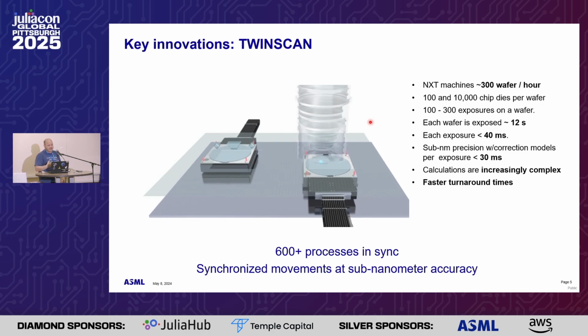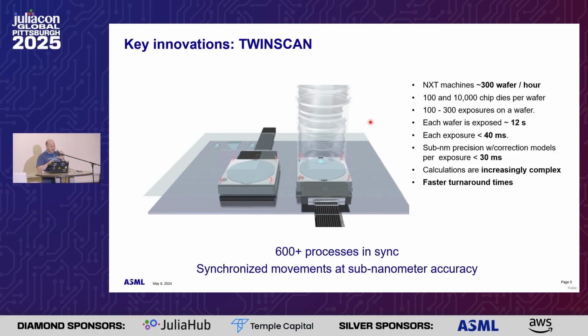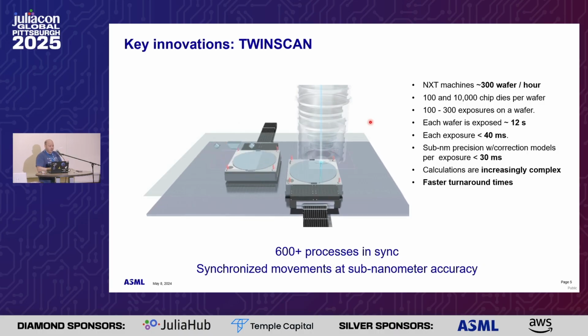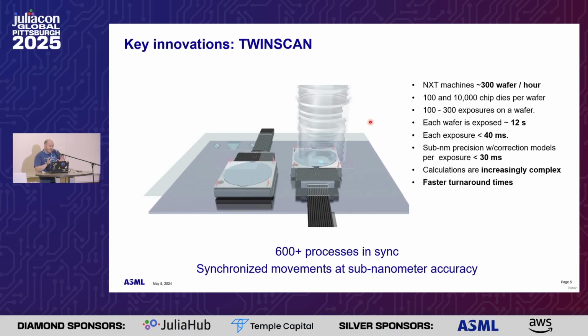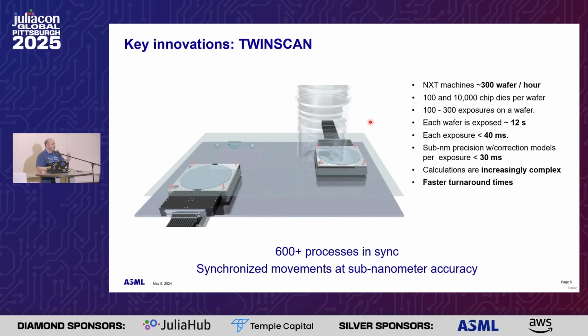That means each wafer is exposed roughly every 12 seconds, so each exposure takes 400 milliseconds. That means that we only have like 330 milliseconds or so of calculation time. Where did the other 10 milliseconds go? We don't know. But that's our budget, and we have to make all our calculations within that budget.